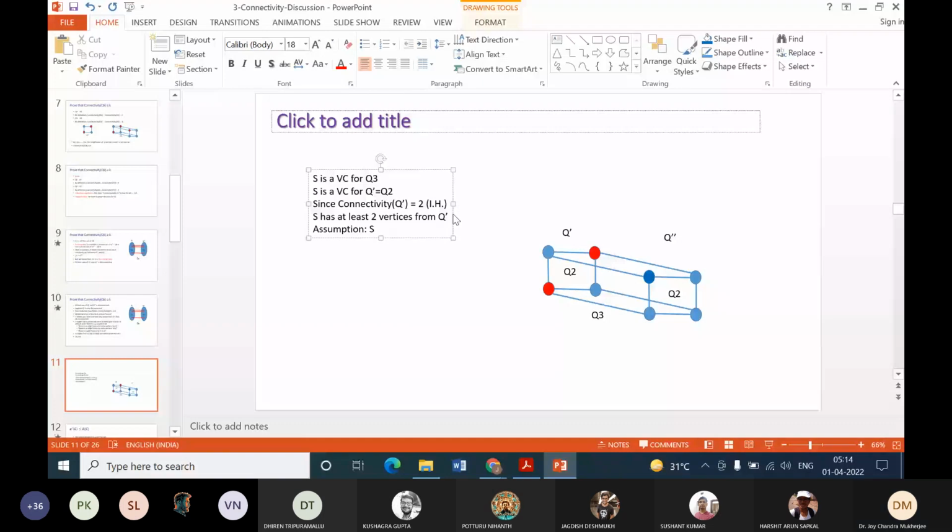S does not contain any vertex from Q double prime. Now that is not possible. Why? If it doesn't contain any vertex of it, then if we delete these two, then what happens? Just look into this picture.